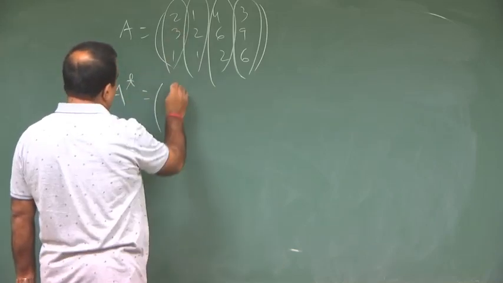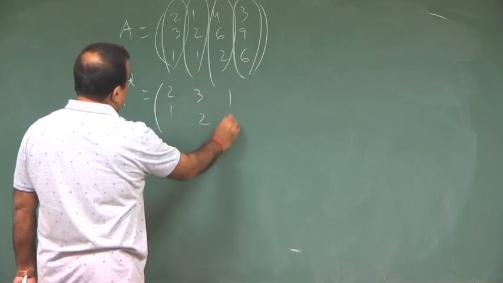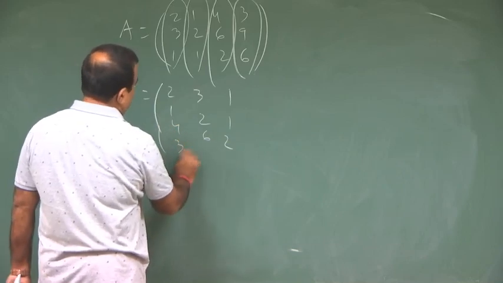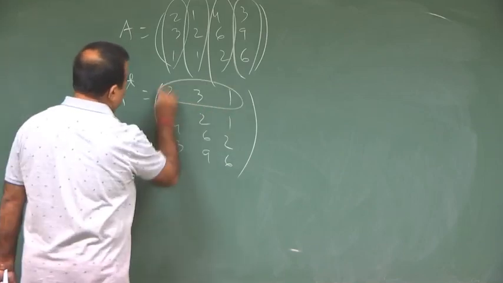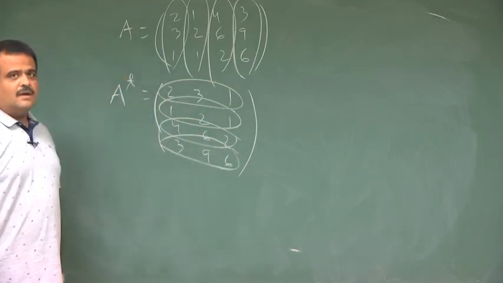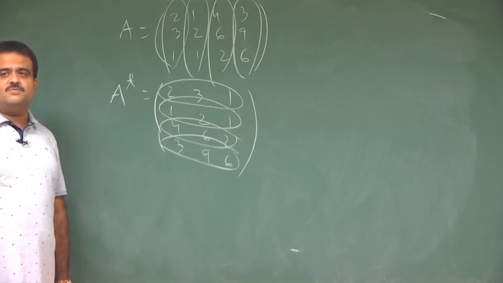If you take the transpose, this becomes 1 2 3, 4 6 2, then 3 9 6, and now these are the columns, I mean the transpose of the columns. So, the linear combinations of these vectors form the column space.